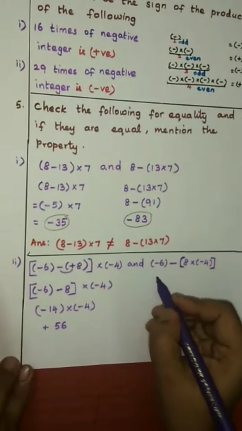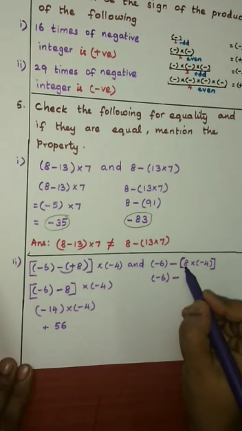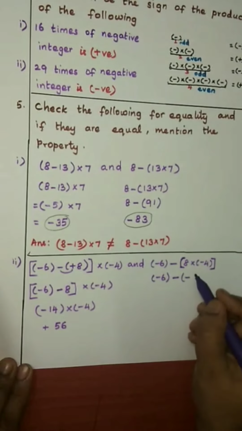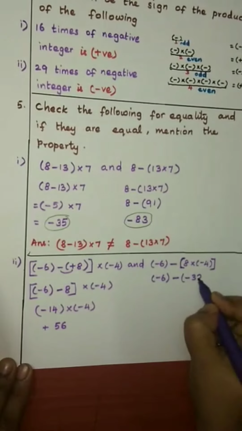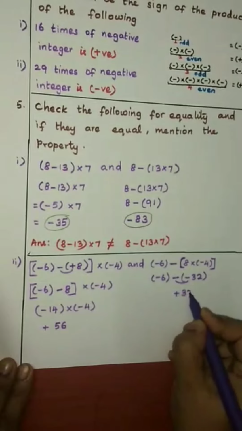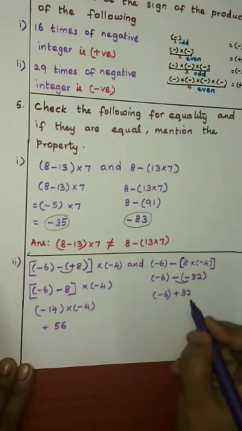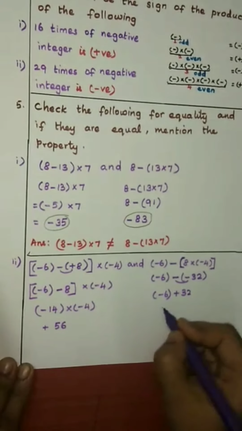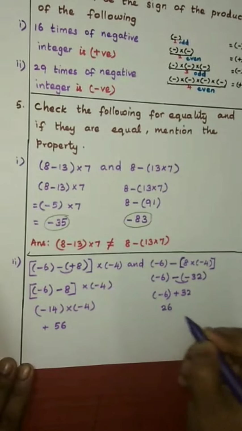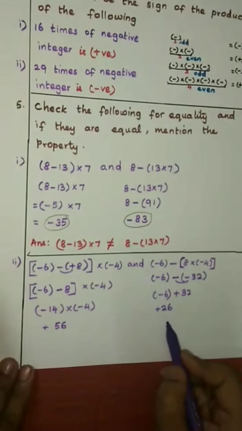Right side, write minus 6. Let's solve what is given inside the bracket. Minus 4 into 8. So, minus 8 4s are 32. Minus into minus, plus. Minus 6 plus 32, 26. 56 and 26. Are they equal? No, they are not equal.